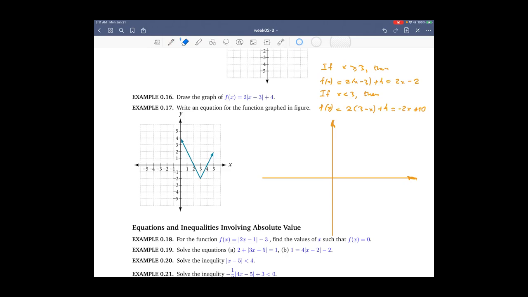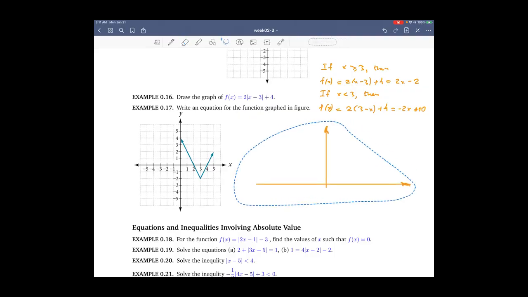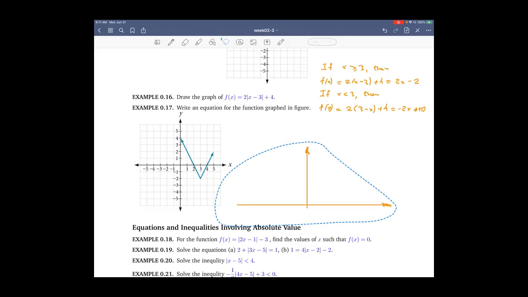In fact, I don't need the graph below 4, so I can save some space. The value of f at 3, by the way, is 4, so that's a special point, (3, 4).